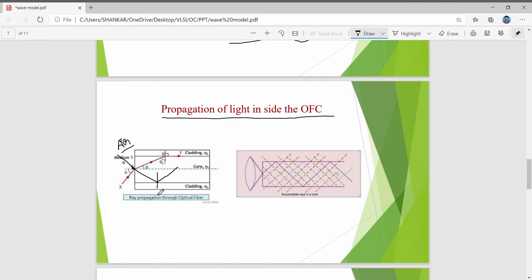The incident signal at the core and air boundary has an angle of theta naught, and inside the core the signal has the angle theta. At the core and cladding boundary the incident signal will be reflected and it will make an angle of pi.